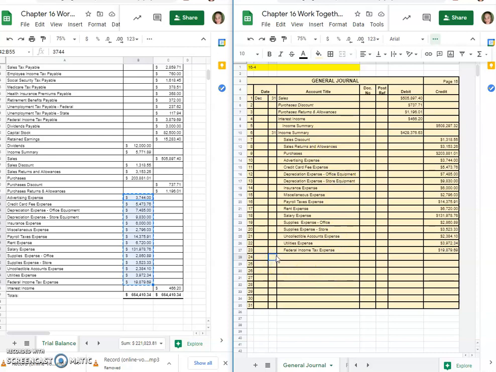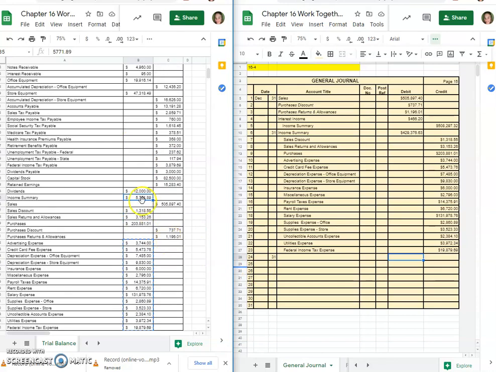Okay, so the third entry is to close income summary to retained earnings. The amount for that will be, if we thought about it, we'll just put it right down here.